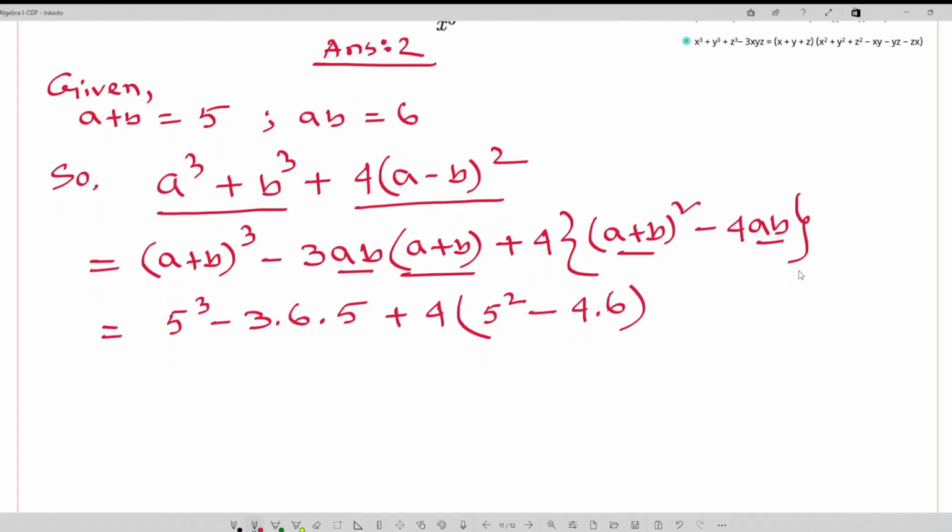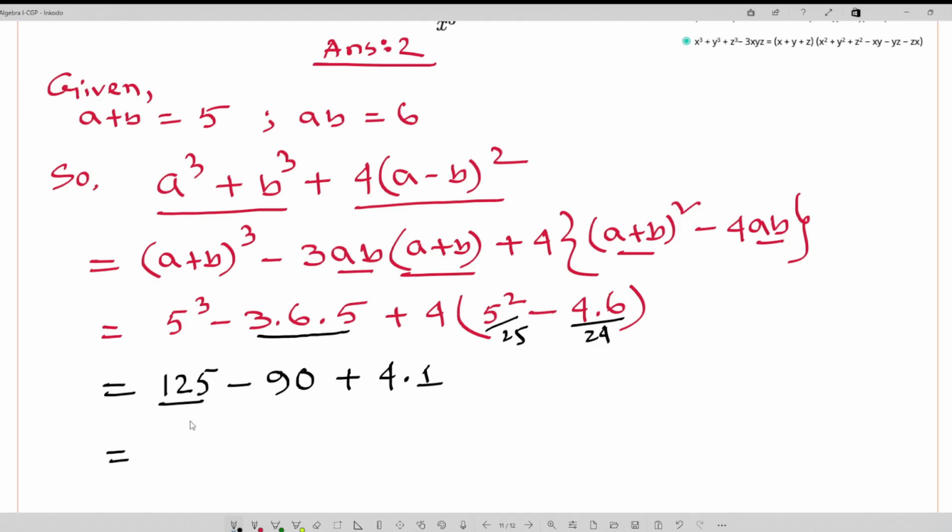Okay. Now look, 5 cube means 125 minus 3 times 6 times 5, 6 times 5 is 30, 30 times 3 is 90, plus 4. 5 square means 25, 4 times 6 means 24, 25 minus 24 will be 1.